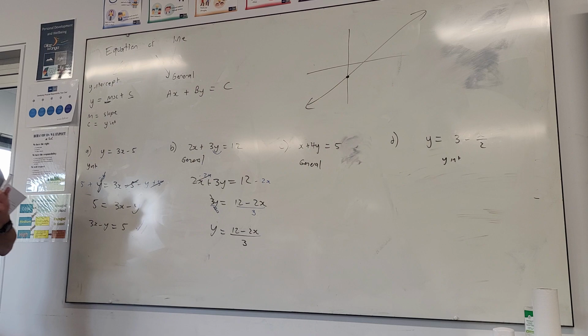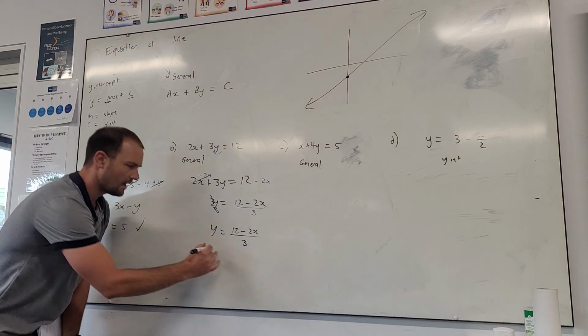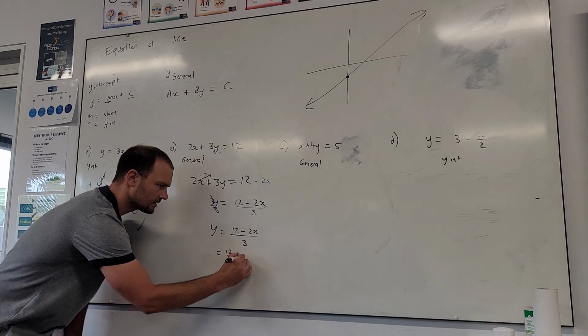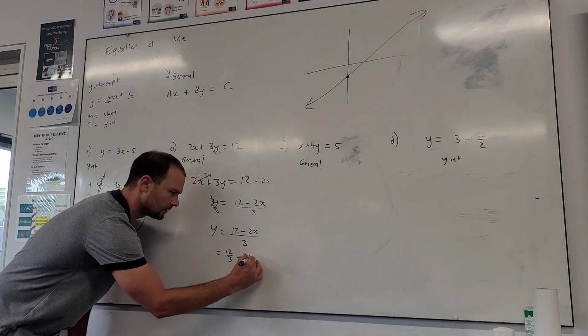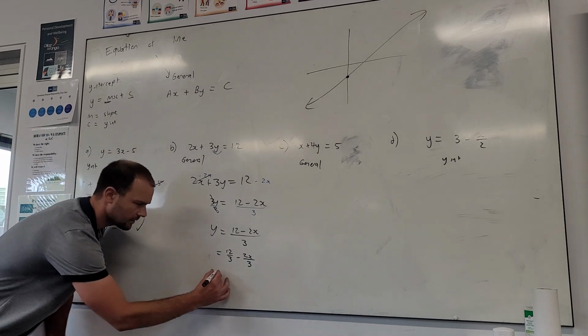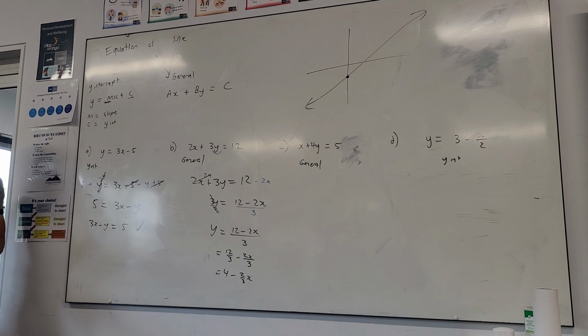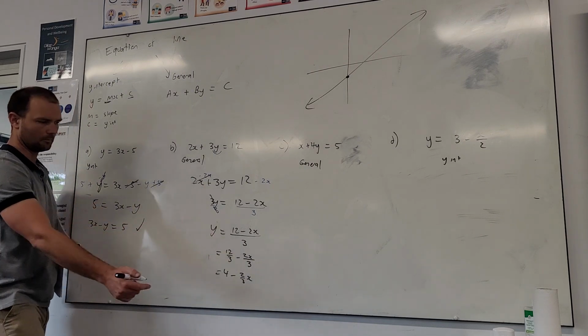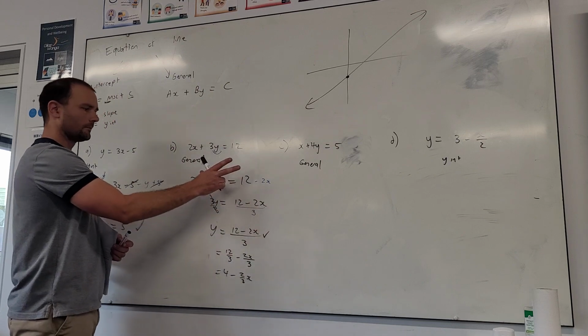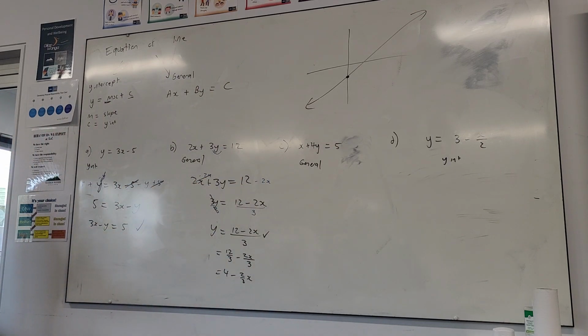And that denominator applies to both terms. We can split that denominator, so that is 12 on 3 take 2x on 3. 12 divided by 3 is 4. And we'll leave it like that. Okay, y-intercept form. So we moved from general to y-intercept form.